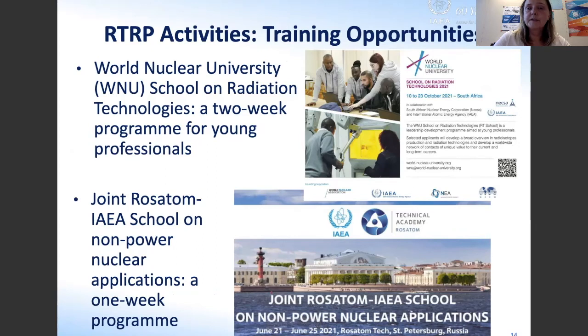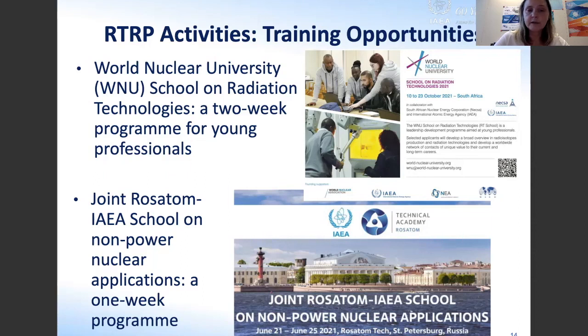Our section participates in a lot of training opportunities. Specifically, I would like to mention two of them. One is a World Nuclear University School on Radiation Technologies, which is a 2-week program happening every 2 years. The latest one is supposed to happen in October 2021 in South Africa, and please check out the WNU website for more information and some updates.